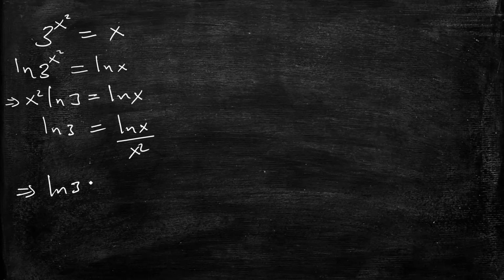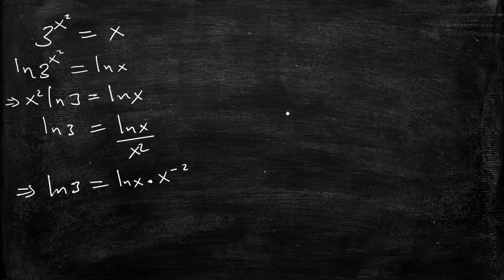Natural log of 3 or ln of 3 is the same as, now we can rewrite this one as ln of x times x raised to negative 2. The same as that, so I've done nothing.